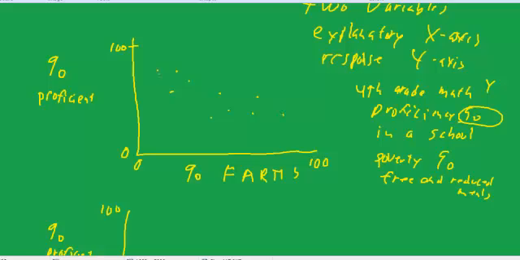And I think the data in our state are that there is a rough downward slope. It's not perfect, but there's a general downward relationship. That is, the schools where there's the most poverty tend to have the lower percentage of students passing 4th grade math proficiency. So that's the sort of information you can get out of a scatter plot.